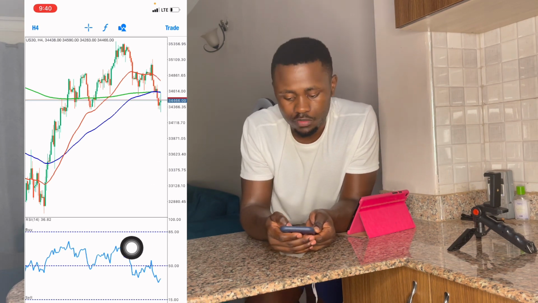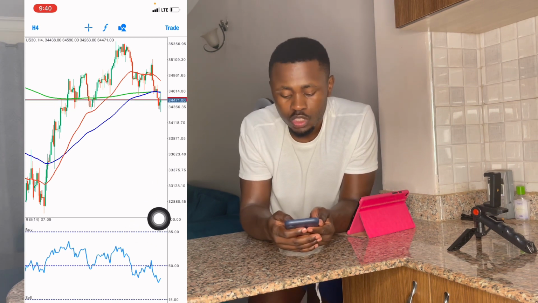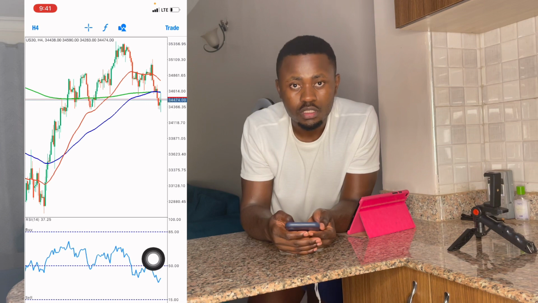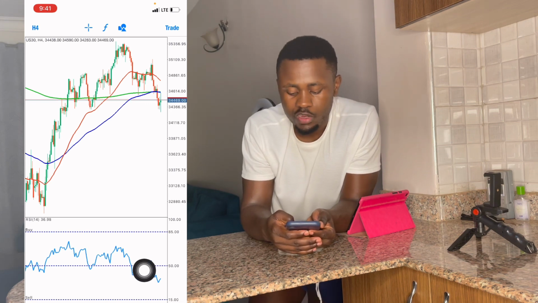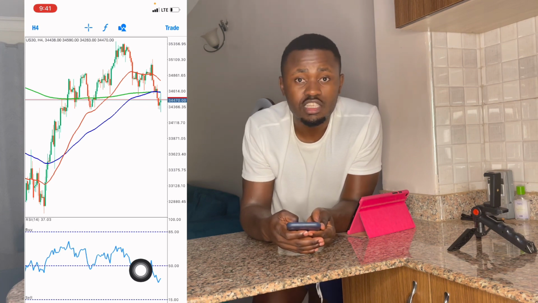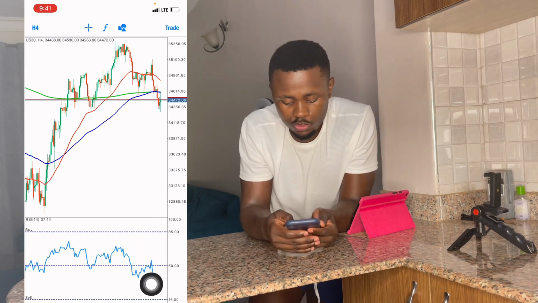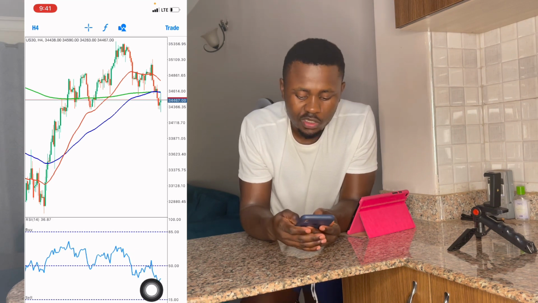The market is going to go down, and you can even confirm that on the RSI. Remember, when price is above the 50, the buying momentum is too much, and when price is below the 50 on the RSI, the selling momentum is too much.